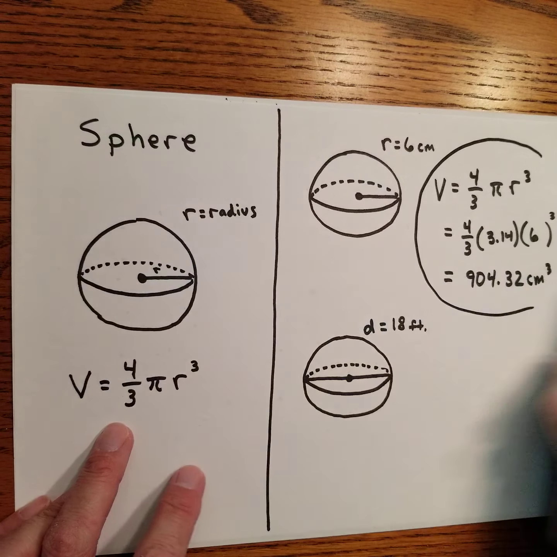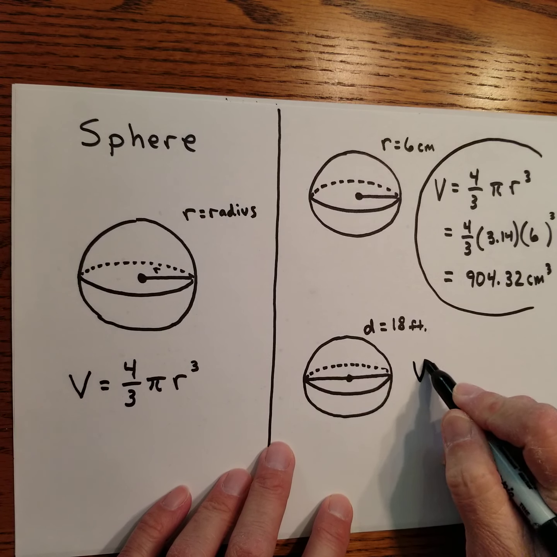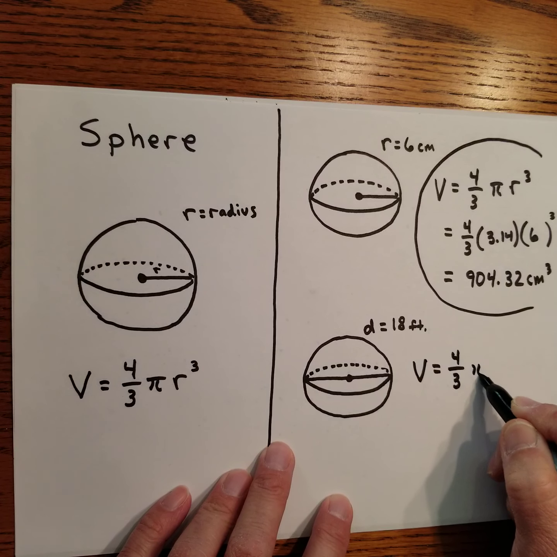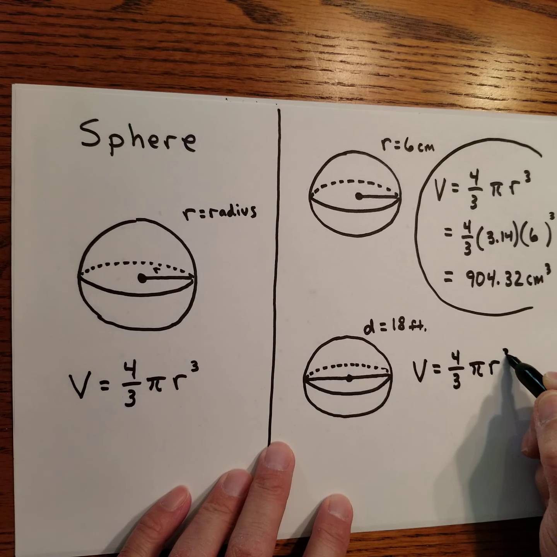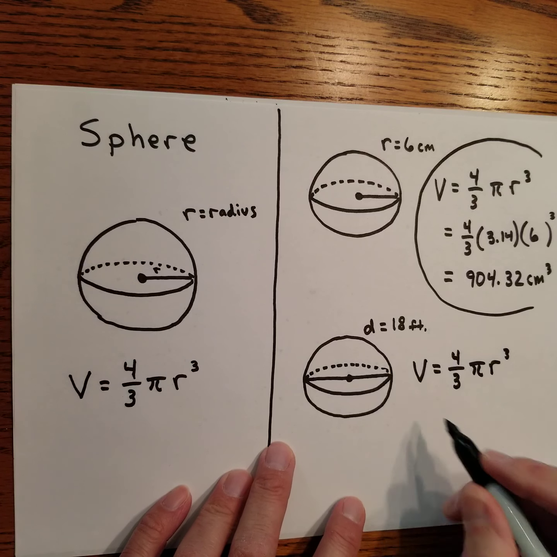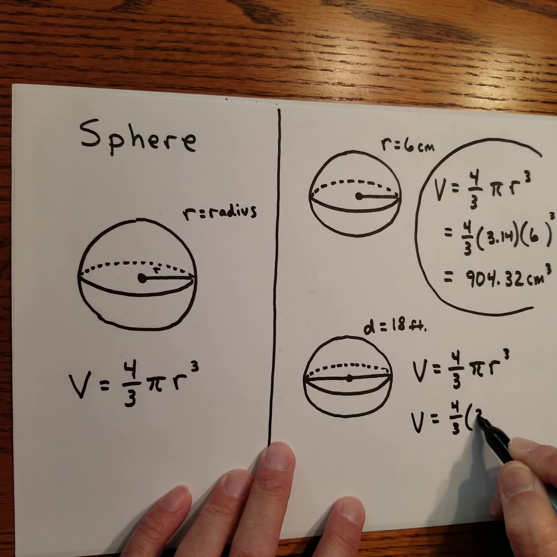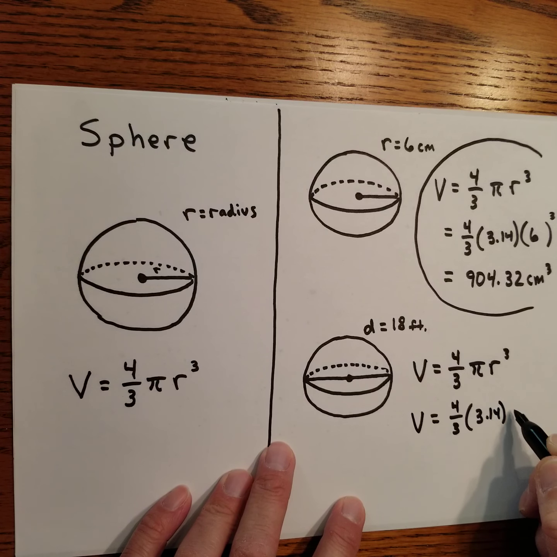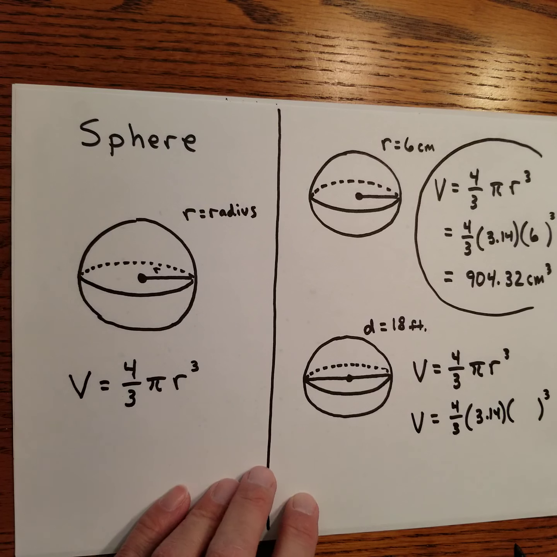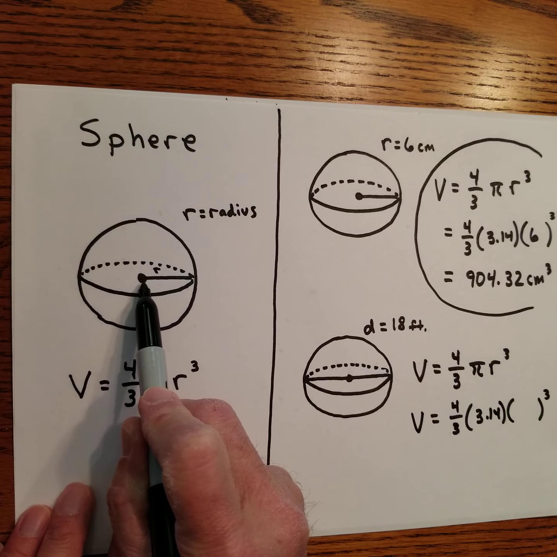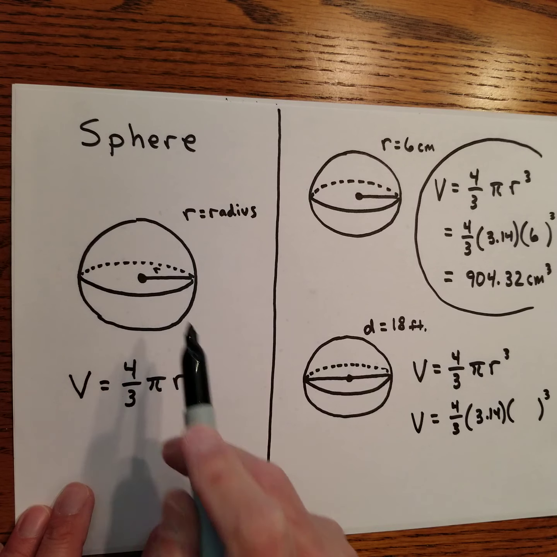Let's try that one more time. Volume of a sphere is 4/3 pi r cubed. That's 4/3. For pi, we'll use 3.14 times the radius cubed. Careful on this one though. The radius only goes halfway across the sphere.